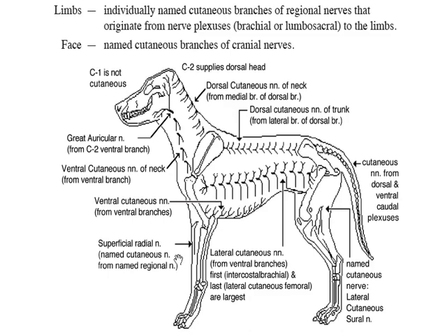The skin of the limbs is innervated by named branches of the named nerves that arise from the brachial or the lumbosacral plexus. For example, a superficial radial nerve, a medial cutaneous antebrachial nerve, a lateral cutaneous sural nerve, etc. The skin of the face is innervated by named branches of the trigeminal cranial nerve.